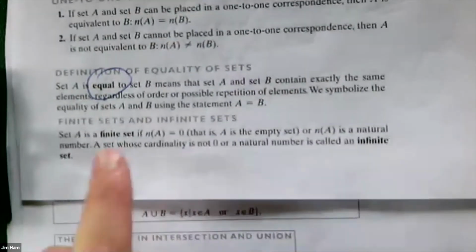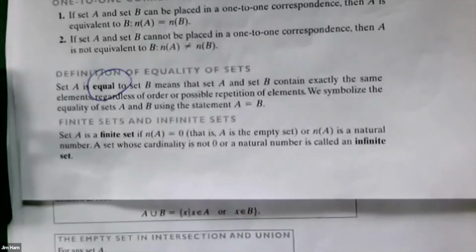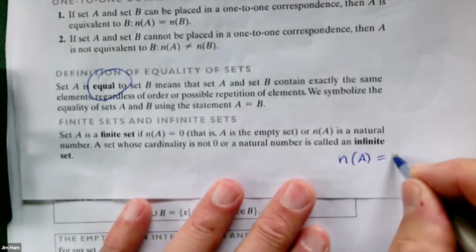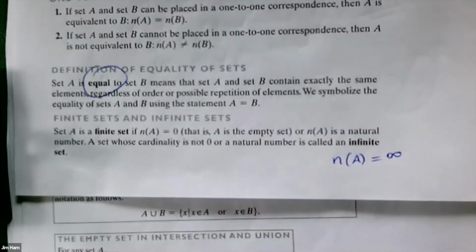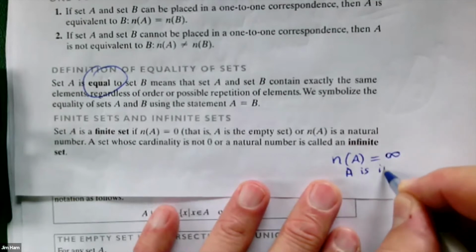And the next definition is finite versus infinite. One way that you can define finite and infinite is based on the cardinalities, based on the number of elements. So if the number of elements in A equals infinity, that is, there's an infinite number of elements in A, like the natural numbers, like the integers and so on, we say that A is infinite.